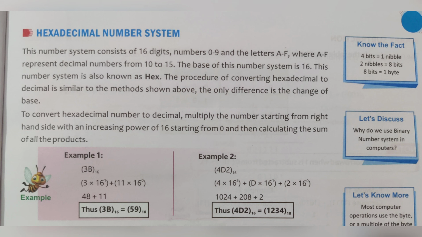Then 2 into 16 raised to the power 0, that is 1, so 2 into 1 is 2. The total sum of 1024 plus 208 plus 2 is equal to 1234. The base is 10 because it is converted into the decimal number system. So here we can convert hexadecimal to the decimal number system.